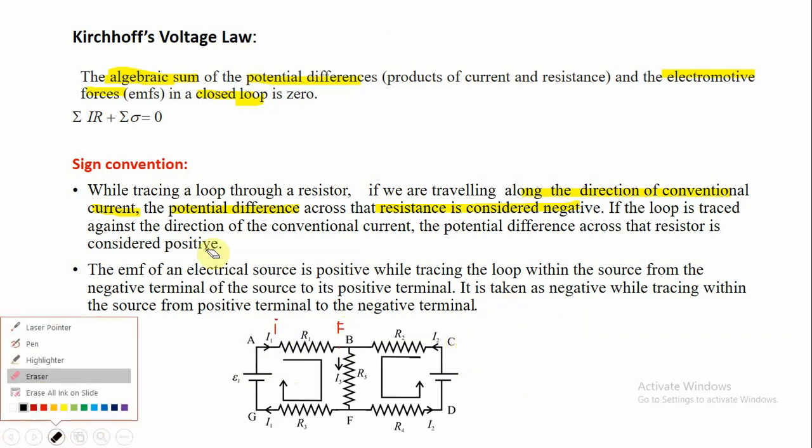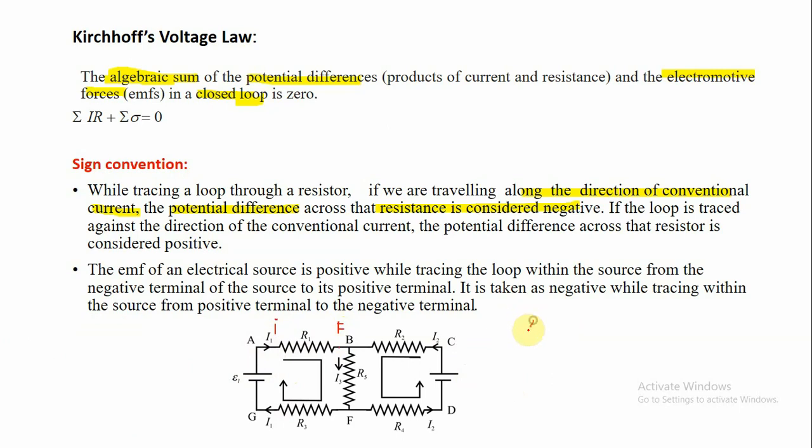So when I find the difference, that is delta V, I will calculate V final minus V initial. So this will be my delta V.